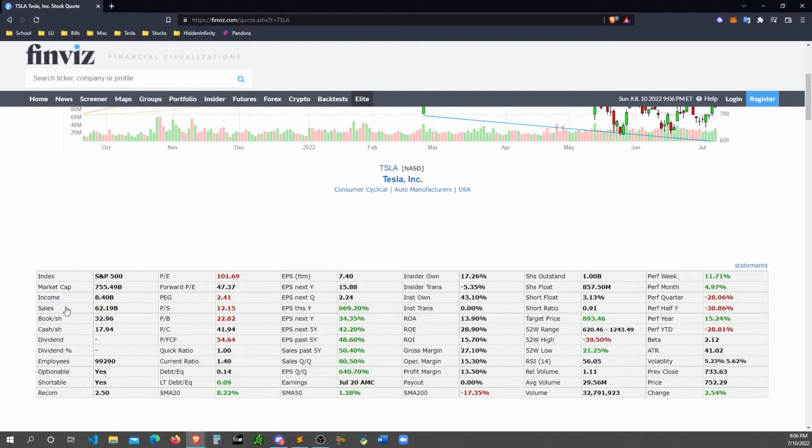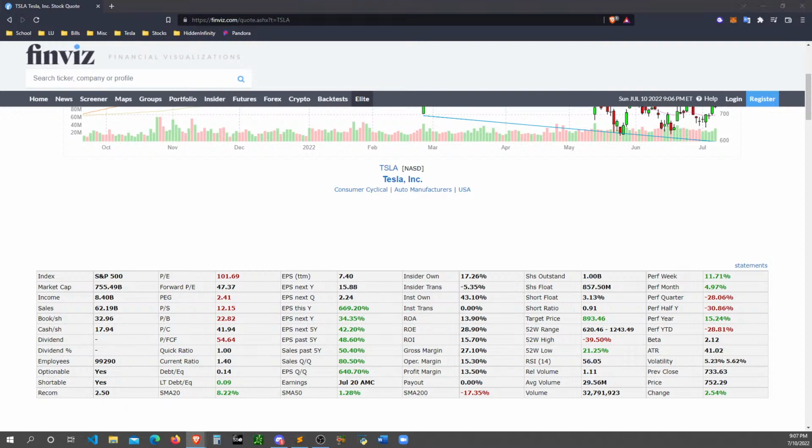Index, market cap, income, sales, all this good stuff, right? Earnings per share this year, this quarter, etc. Even has short ratios and float. There's just a lot of stuff here you can utilize. I personally think with all the free stuff, FinViz is probably one of the better ones simply because it has all of this information in one spot, right?